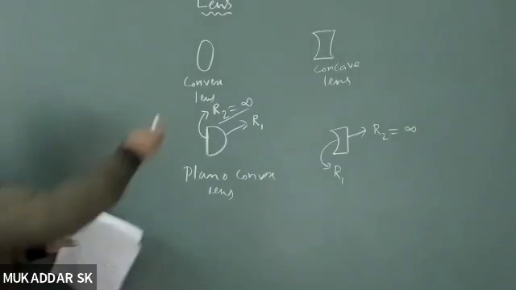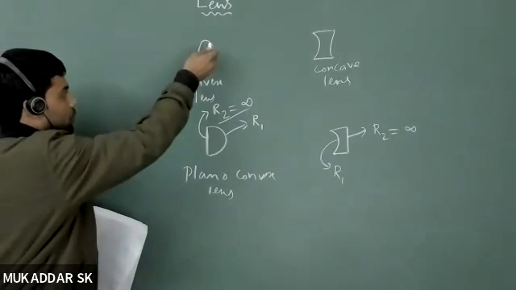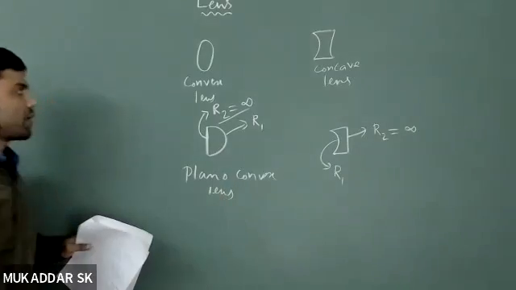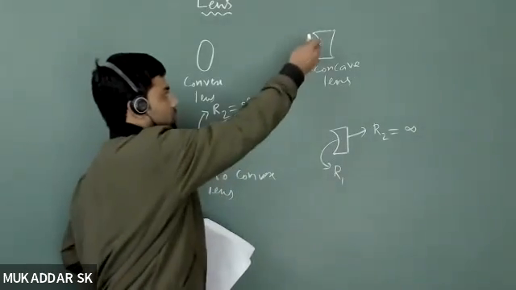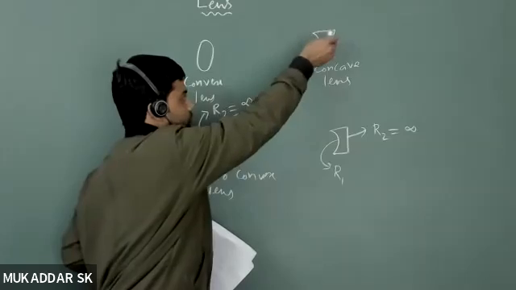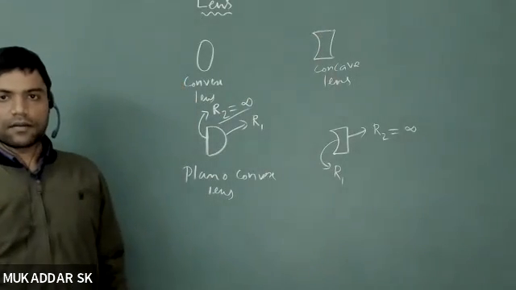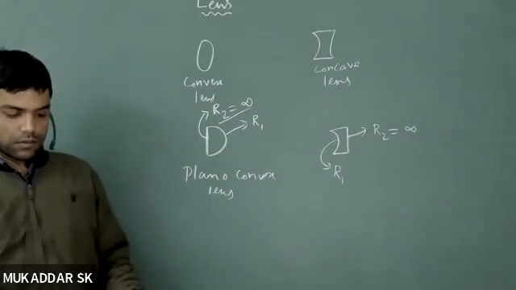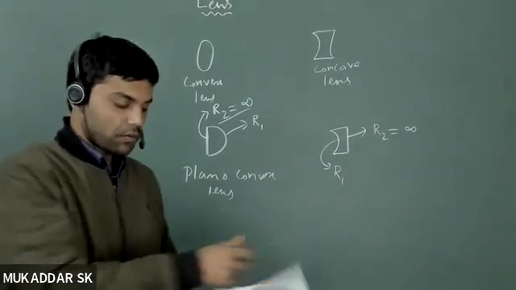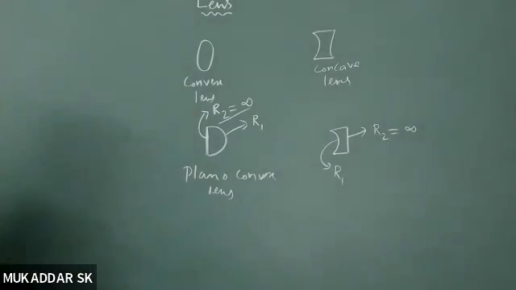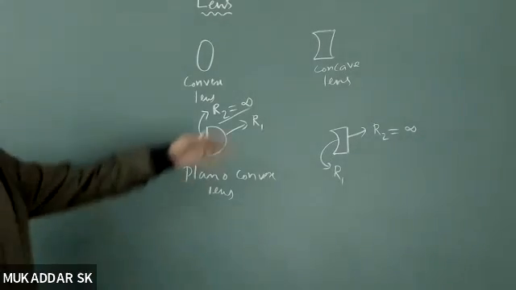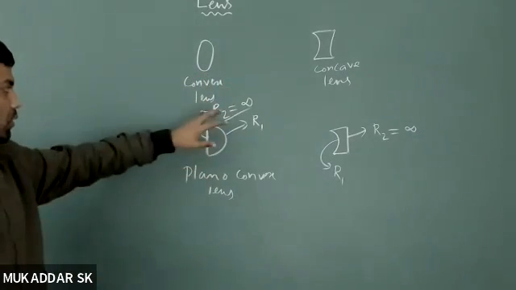And for a convex lens, for both surfaces you will have some finite radius of curvature, and also for a normal concave lens, for both surfaces you will have some finite values of radius of curvature. So this is all about some terminology, and you will solve problems based on these types of lenses. You have to choose this value.